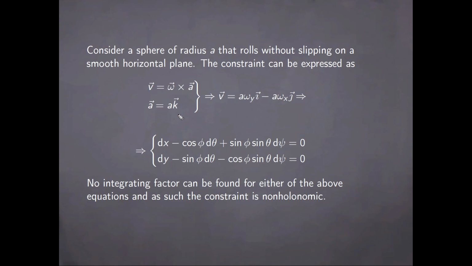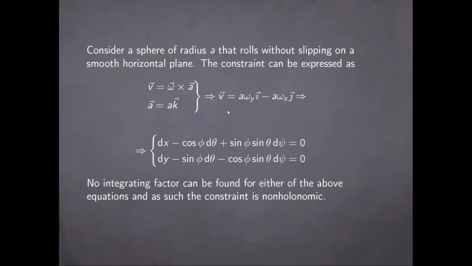So this would be a vector sticking out of the contact point, equal to the radius of the sphere and parallel with the laboratory z-axis at all times. If we expand the cross product, considering the components of the omega vector in the laboratory frame, we get the result here.